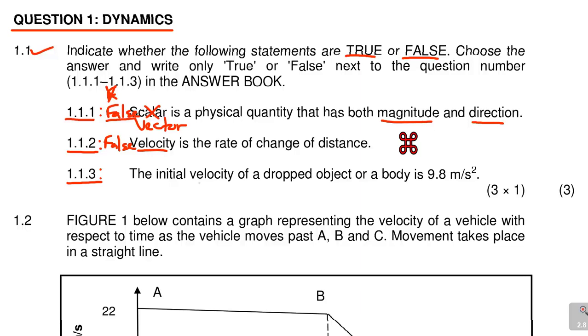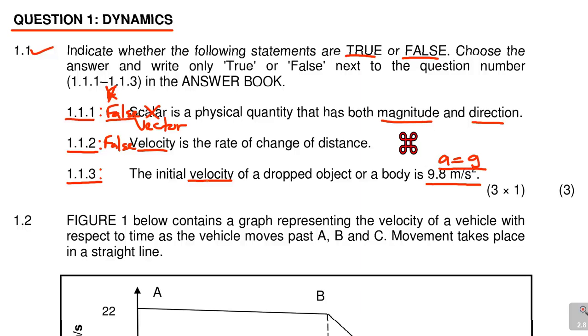1.1.3: the initial velocity of a dropped object or a body is 9.8 meters per second squared. The first part is they are talking about velocity, but look at the units, it's 9.8 meters per second squared, which is talking about acceleration. In this case, it is the acceleration due to gravity.